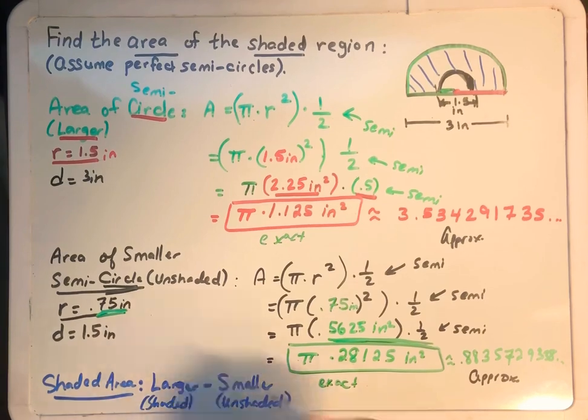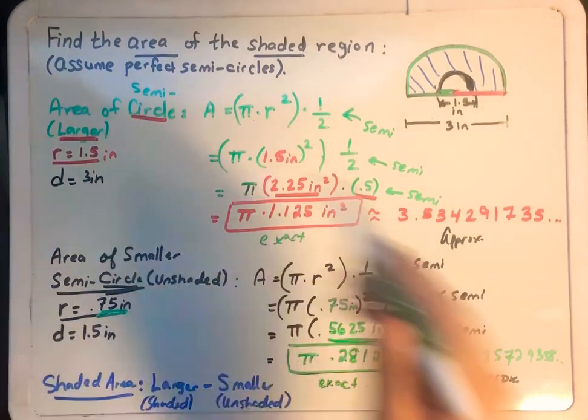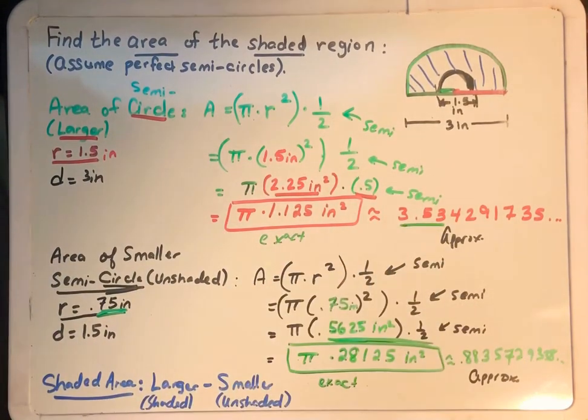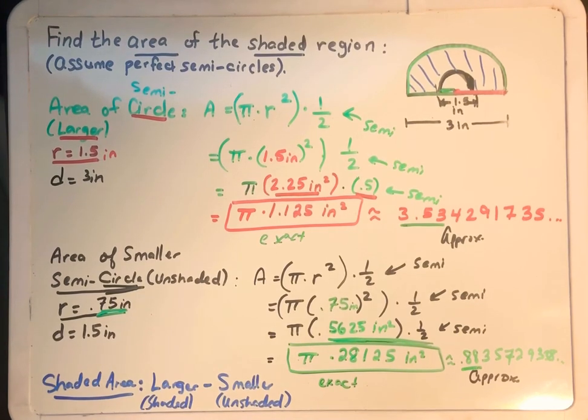So in this case, I would be going to my calculator and typing 3.53, let's say. If I just round to the nearest hundredth, 3.53 minus 0.88, nearest hundredth again. And I'm getting 2.65.